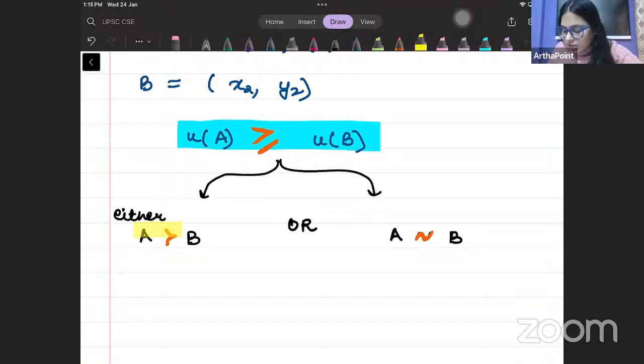So you will either have this case or you will have this case. One of the two. दोनों में से कोई एक ही हो सकता है. Either the first one or the second one. Am I clear on that part?